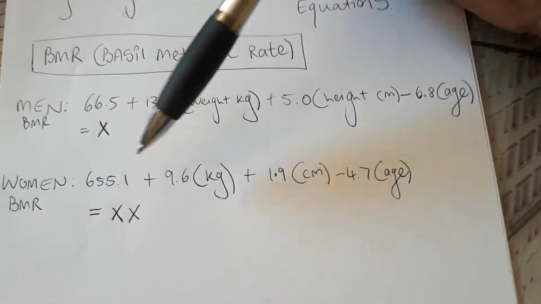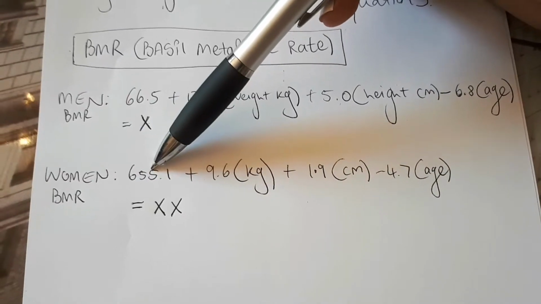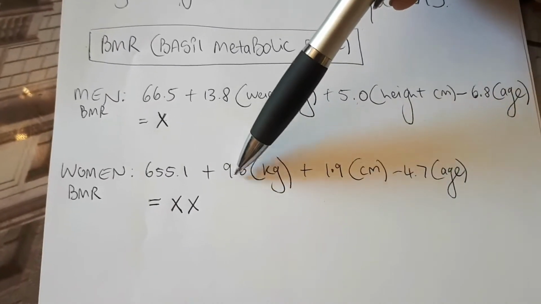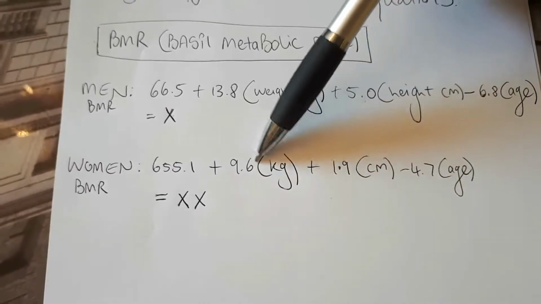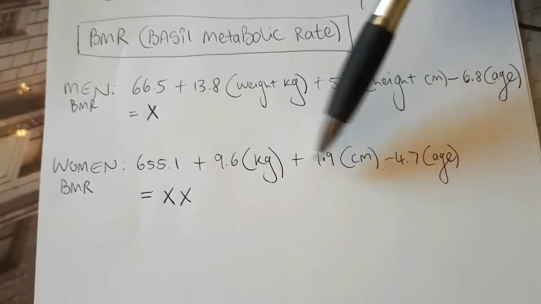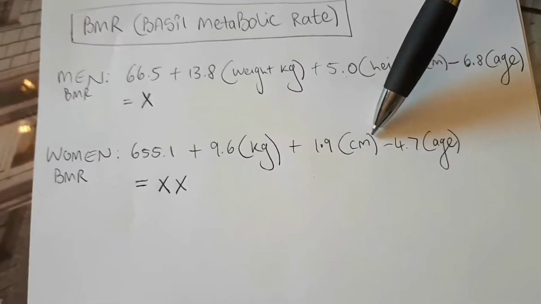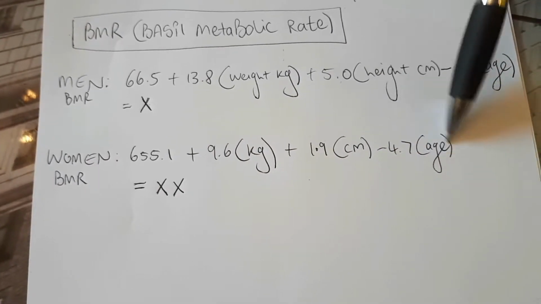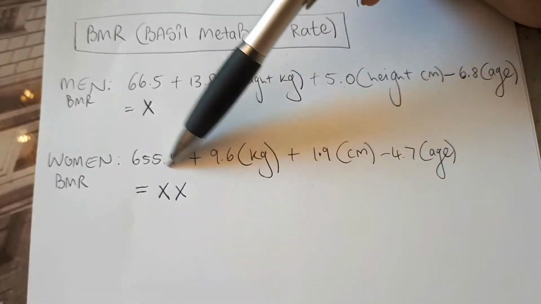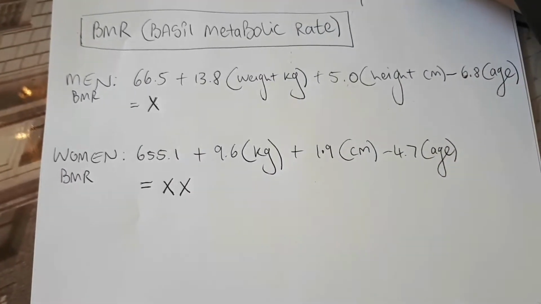For women, the equation is 655.1 plus 9.6 times your weight in kilograms, plus 1.9 times your height in centimeters, minus 4.7 times your age, and you'll get your basal metabolic rate.